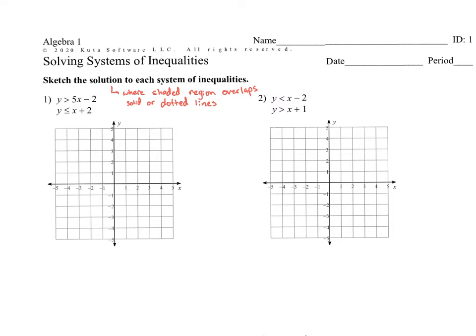So this first one, we have y is greater than 5x minus 2. Greater than means we have a dotted line. So negative 2, up 5 over 1, and again, about right there.